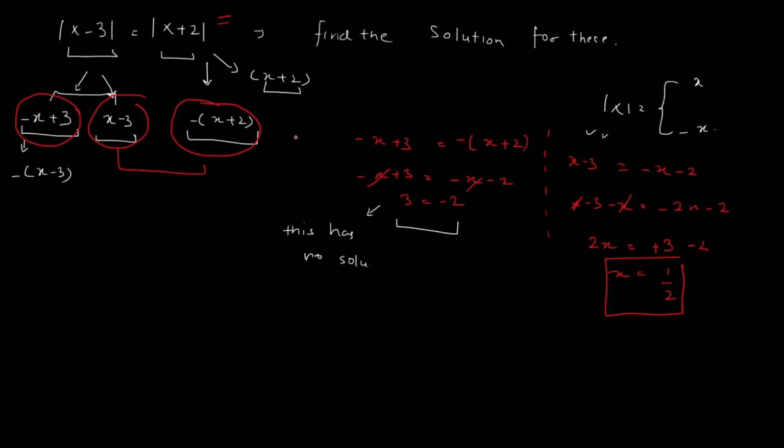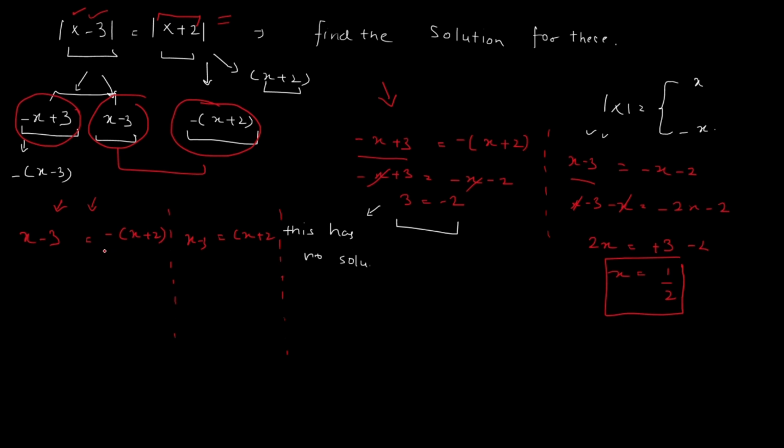Now let's try to solve the other remaining equations. x minus 3 equals minus x plus 2 and x minus 3 equals x plus 2. In this case, we took the absolute value of x minus 3, and in this case we are taking the absolute value of x plus 2.